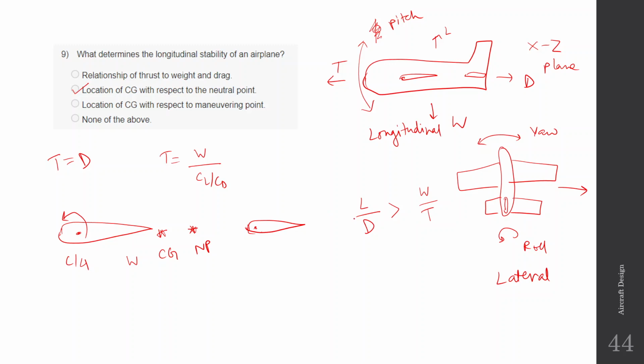The maneuvering point is considered when the airplane is performing a maneuver, and usually inside the airplane, the pilot has to hold the stick to perform the maneuver. To hold the stick at a specific position, the pilot has to apply a force. Now, the maneuvering point is that point where, if the CG was placed there, then no stick force will be required to perform that maneuver.